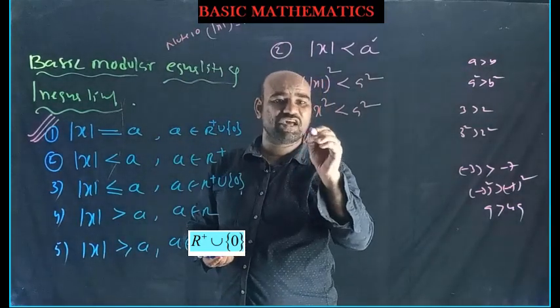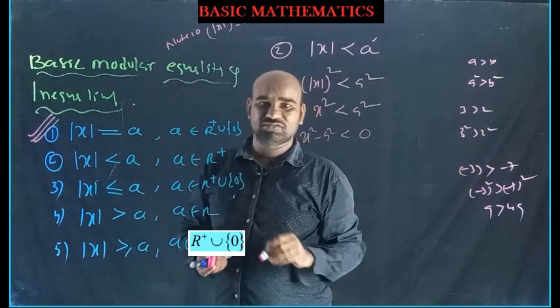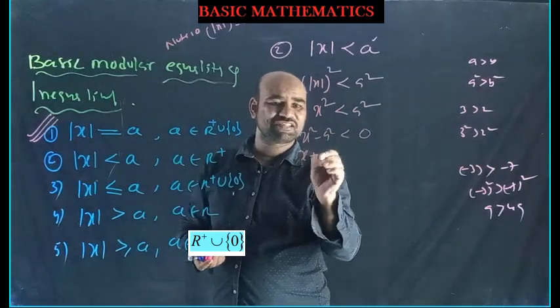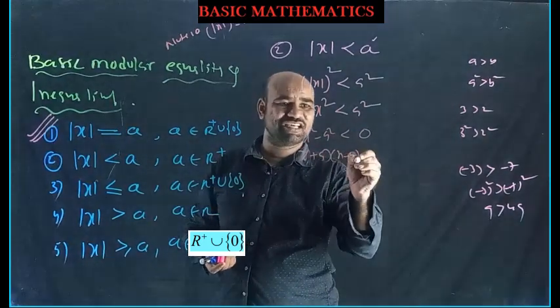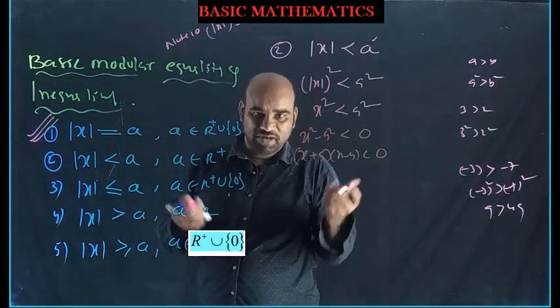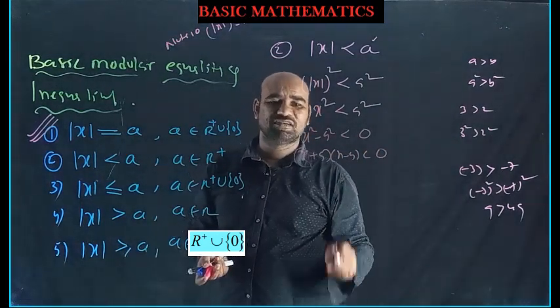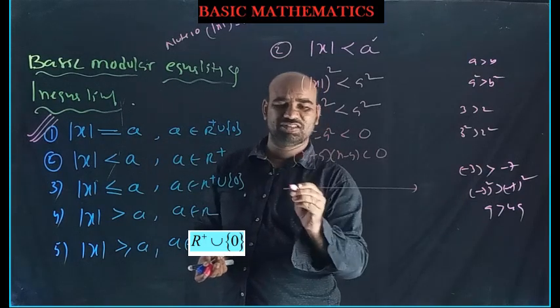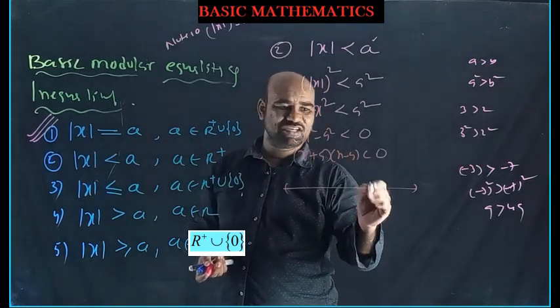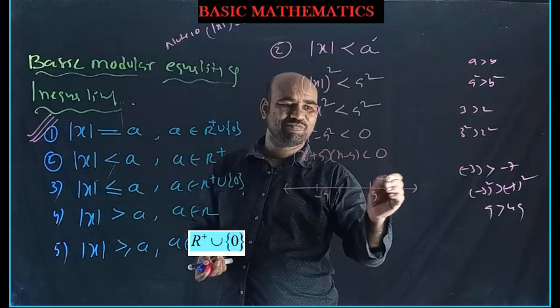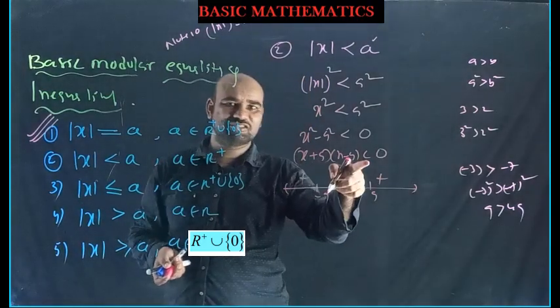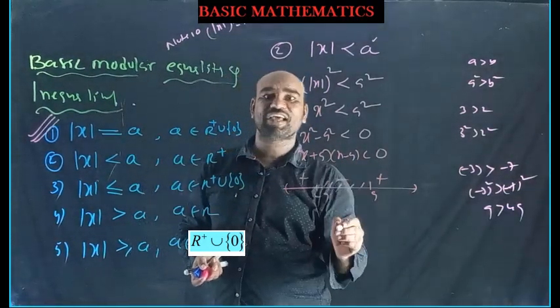So now x square minus A square is lesser than 0, or x plus A into x minus A is less than 0. Find x. Same concept, sign scheme or wavy curve method. A is positive, so here A, here minus A. Plus, minus, plus. I want the negative sign area. What can I say?